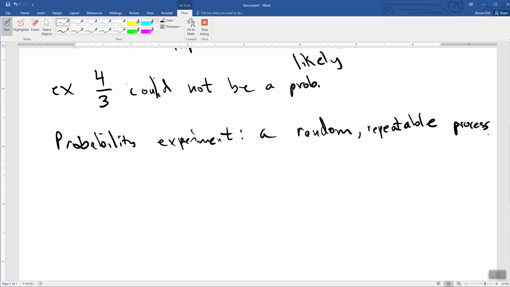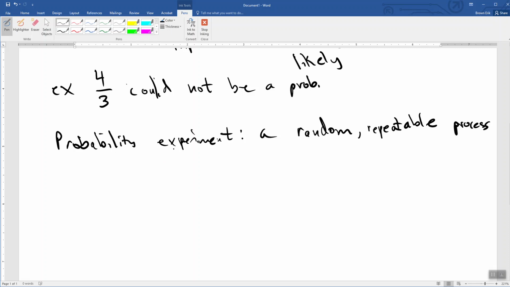So what this could exclude is when the college, like Jackson College, tries to predict the number of students that we're going to have in upcoming semesters to plan how many classes we should run, how many sections of each class, and etc. While that is not really random, it's definitely a repeatable process because each year a new set of students come into Jackson College, so that fits under the probability experiment definition, even though this kind of makes that seem like it isn't.